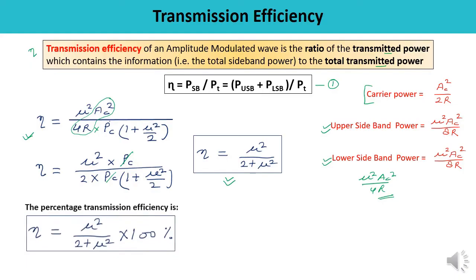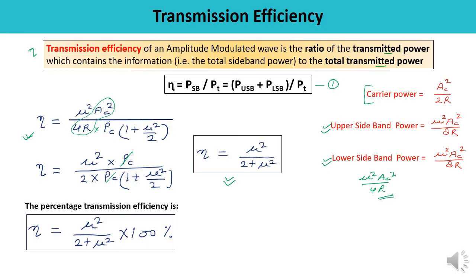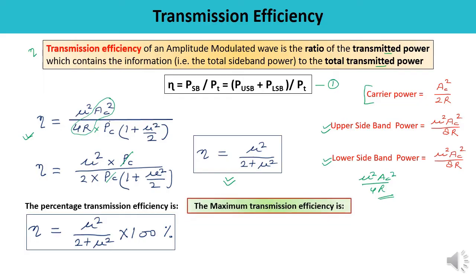If you calculate the percentage transmission efficiency, eta is mu square upon 2 plus mu square into 100%. Now, to calculate the maximum transmission efficiency of the amplitude modulated wave, we take the value of mu as 1.